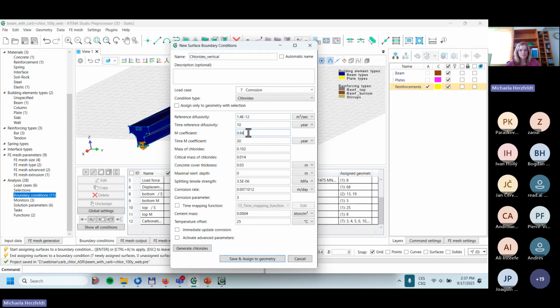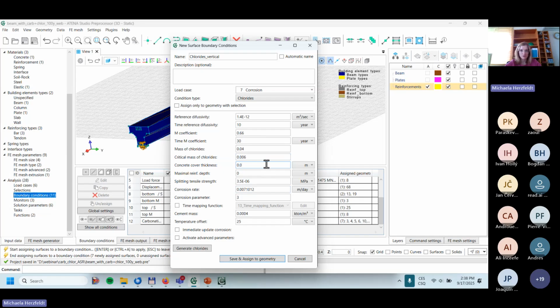Then there's this parameter for whether it is submerged or sprinkled or something, that is related also to the time frame, and after this time frame, the diffusion will be considered constant. Then you have information on how much chlorides are on the surface penetrating the structure. So these are some values that we had from another case.